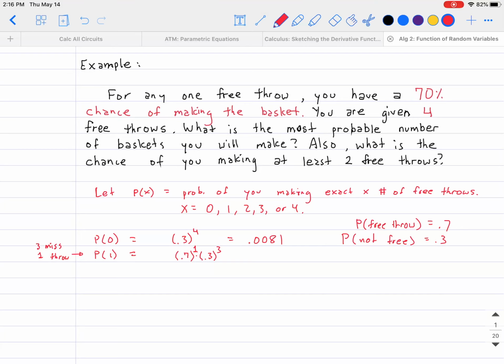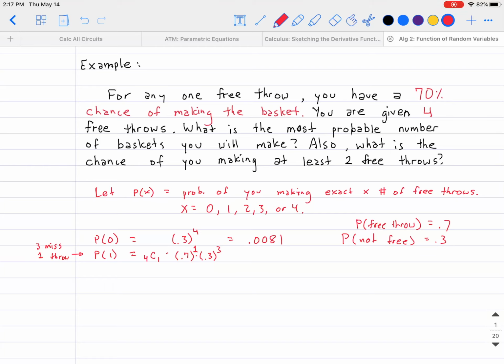Now, out of the 4 free throws, you can technically make that one out of any of the 4. So that in itself is going to be a combination setup, 4C1, because out of the 4 free throws, you're choosing 1 of them to make.